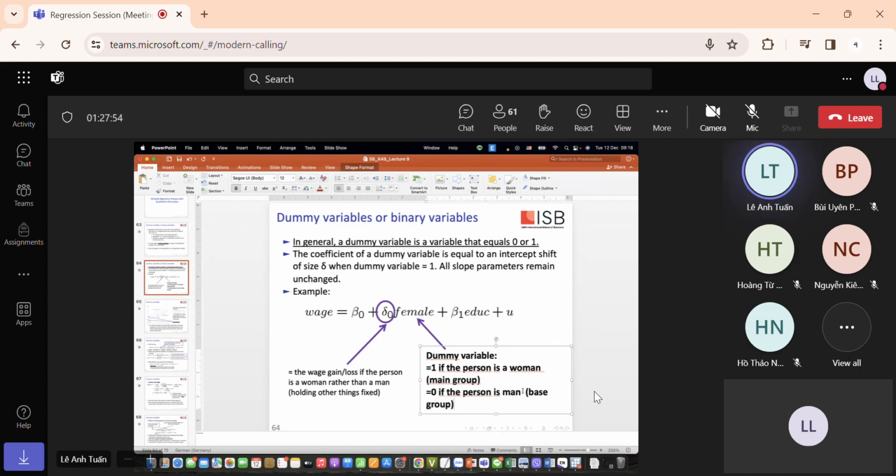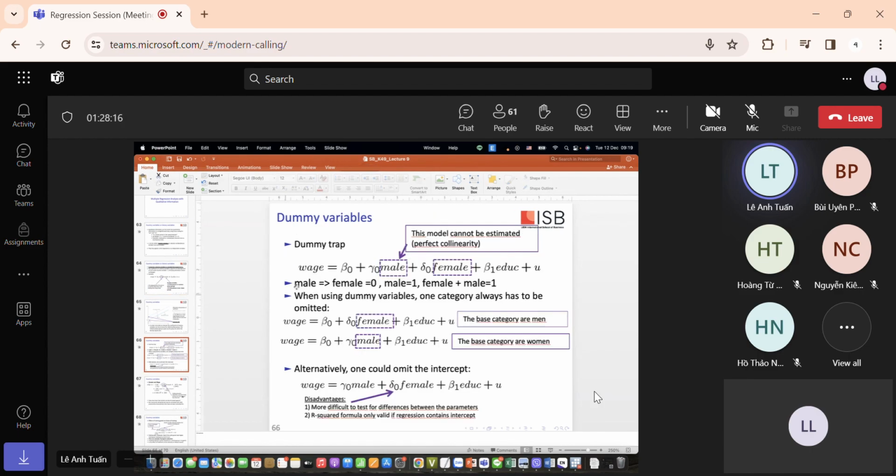You can see in our model we only include female. We do not include the other dummy variable, male, because the effect for male is the constant here, and this is the additional effect for the female.